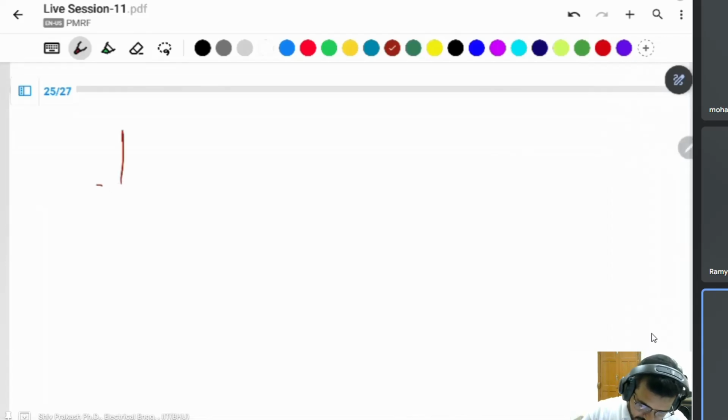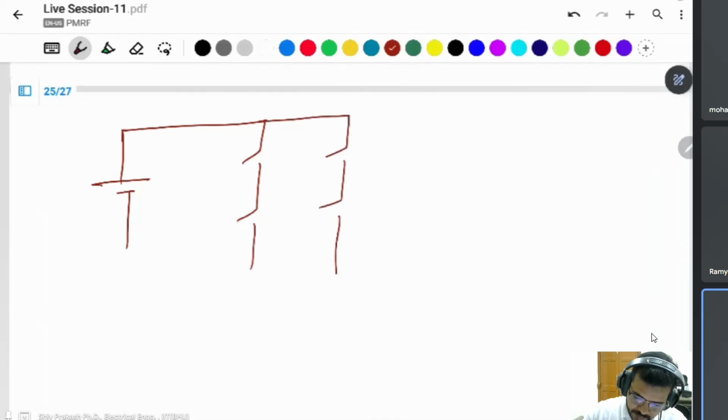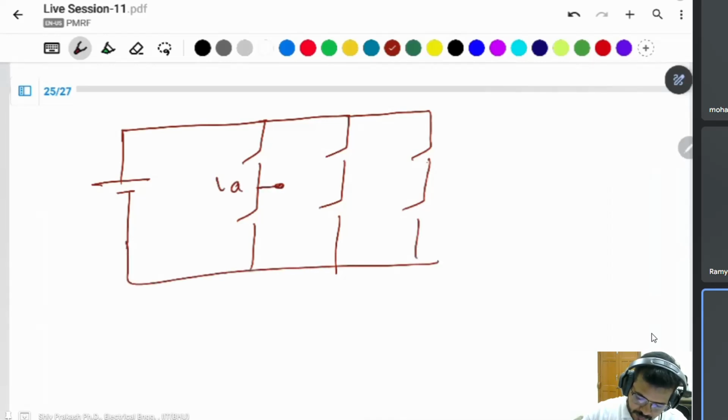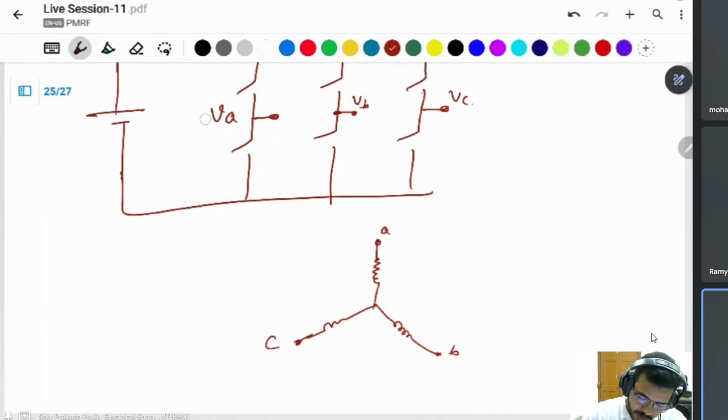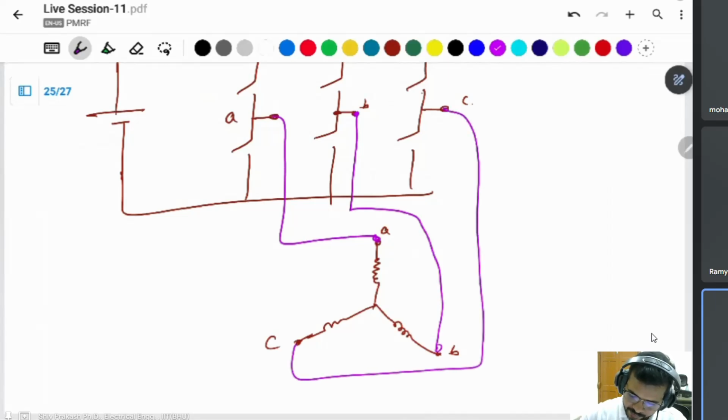For the inverter, simply take a circuit of an inverter. Suppose there is some load, and I take phases A, B, C: A connected here, B connected here, C here.